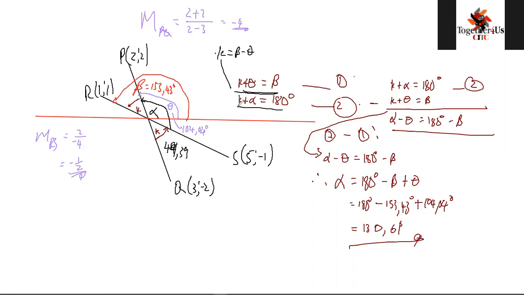Then you use this equation and you realize that alpha is actually 180 minus kappa. Then you just substitute and you will see you find the same answer. So it's really up to you as to which way you want to use. So I've put the two methods to the table. You choose. Cheers.